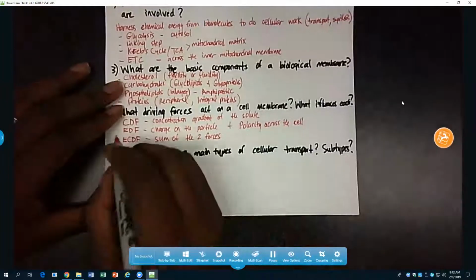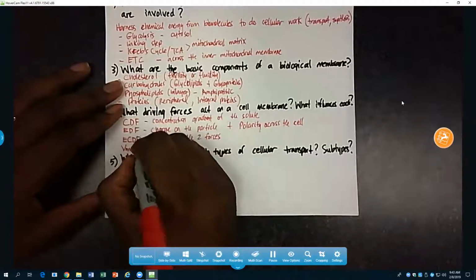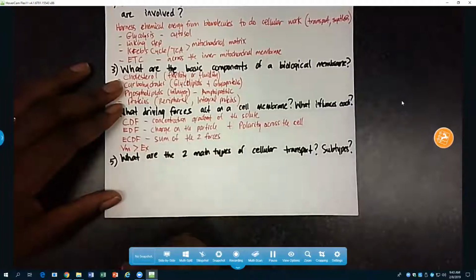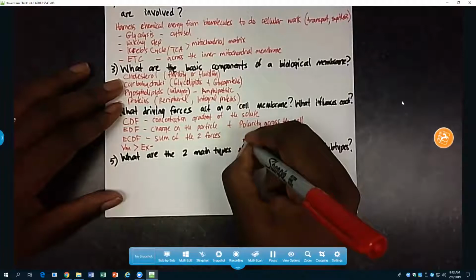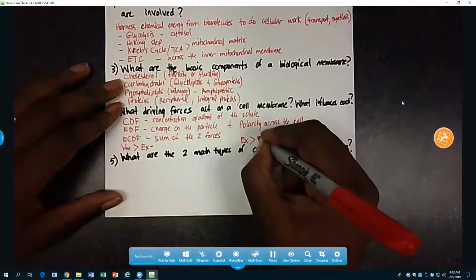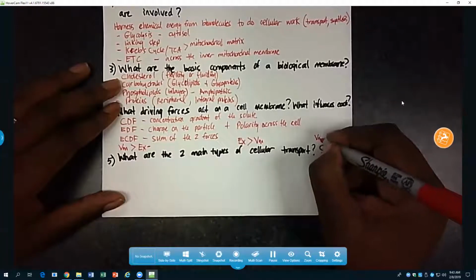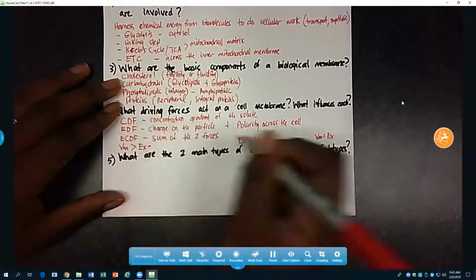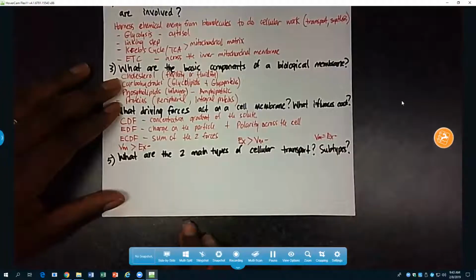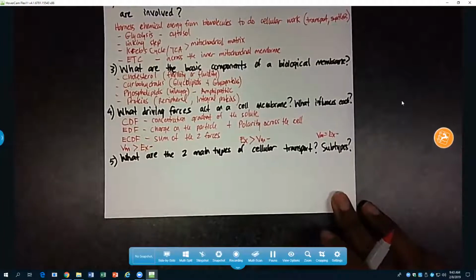And what were those 3 scenarios? We said 1 was if the membrane potential was greater than the equilibrium potential. The second one was if the equilibrium potential was greater than the membrane potential. And then the third one was if they were equal. Okay. So if the membrane potential was greater than the equilibrium potential, which of the driving forces was more dominant?